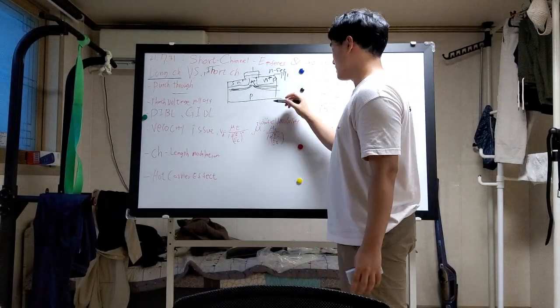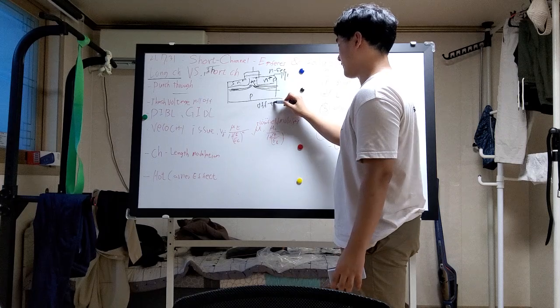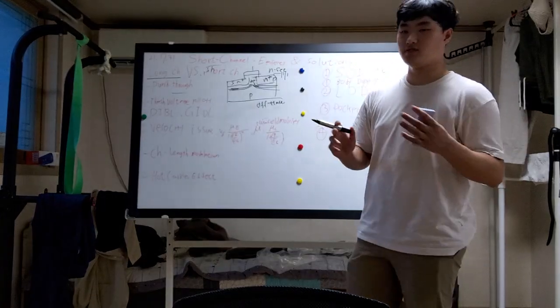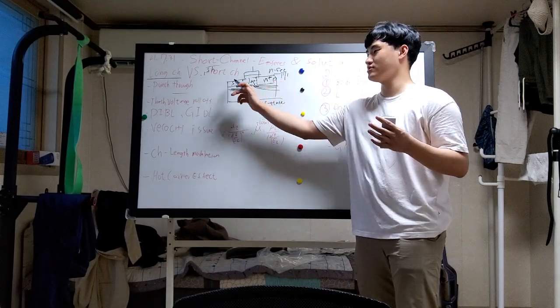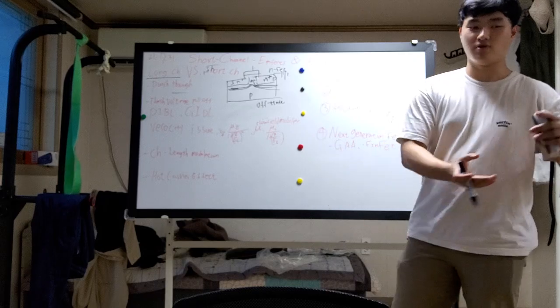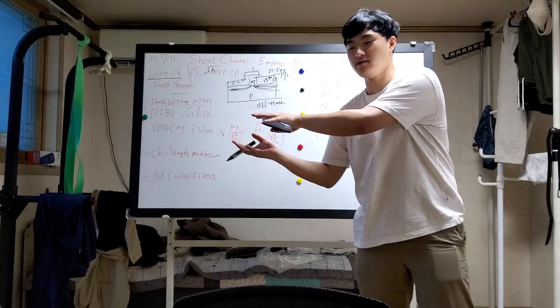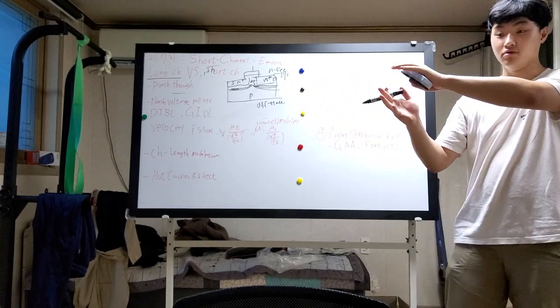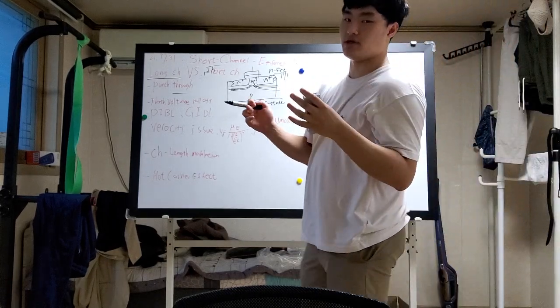So even in the off state, if we keep applying voltage bias at the drain and source, the electrons will be attracted from the source to the positive drain voltage and make the current flow, the IDS. So it will make current flow in the off state.